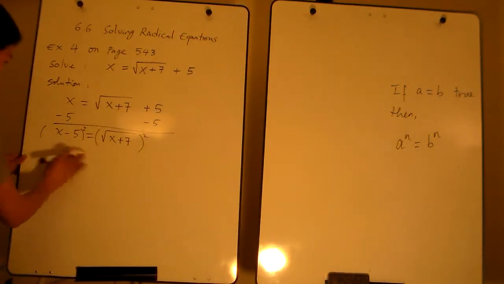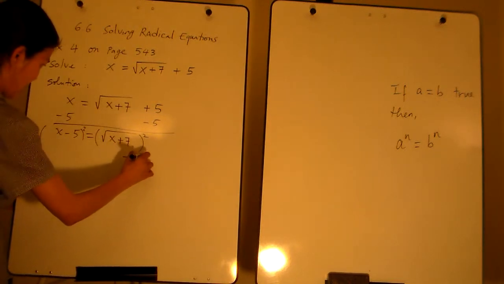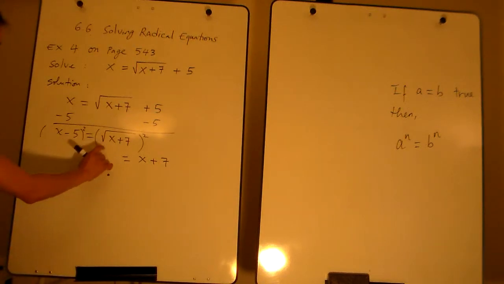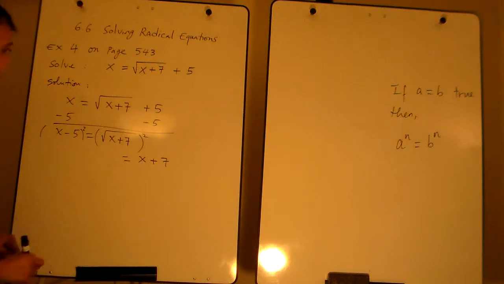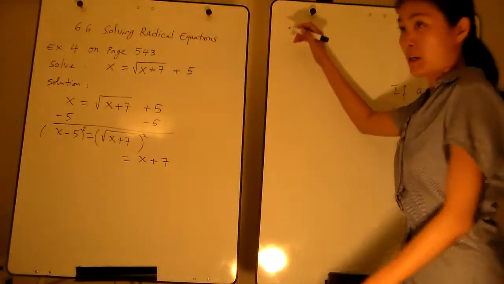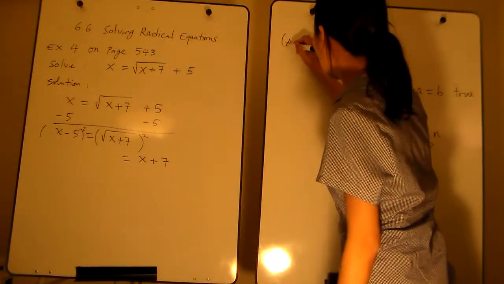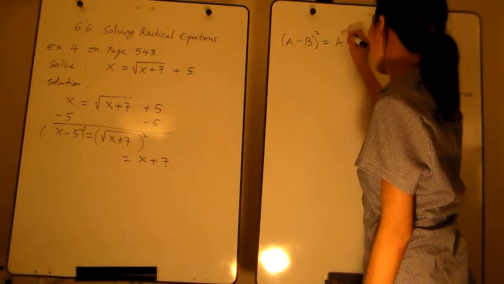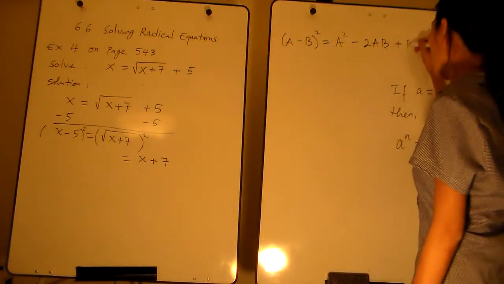After I square it, this term will turn out to be x plus 7. That means I removed the radical. That's the reason why I raise both sides to the second power. Now for the left hand side, we learned squaring a binomial: a minus b, when you square it, is equal to a squared minus 2 times a times b plus b squared.